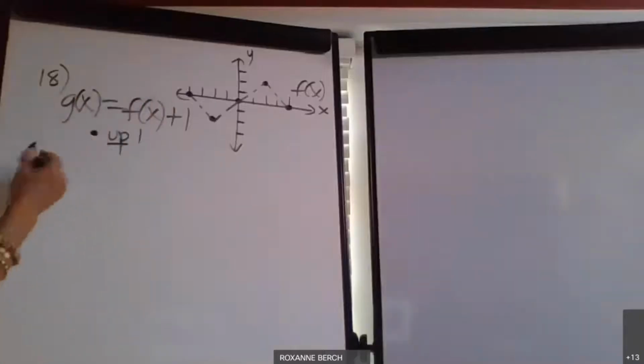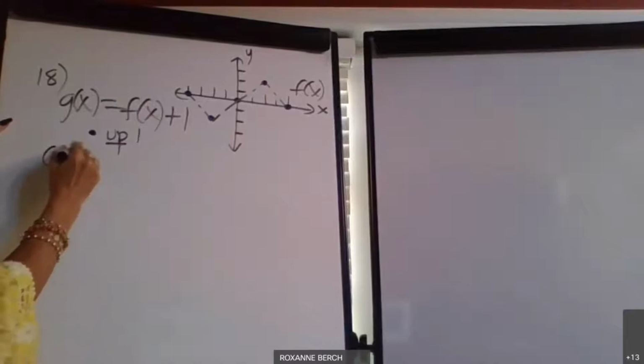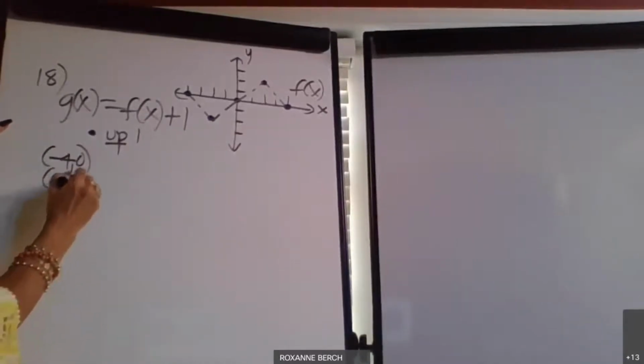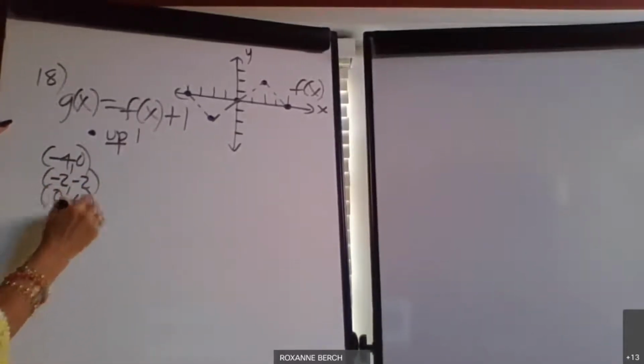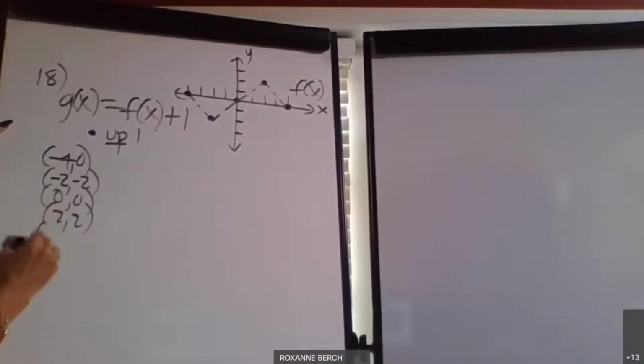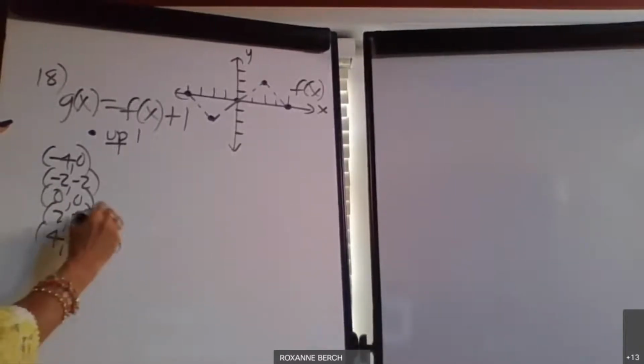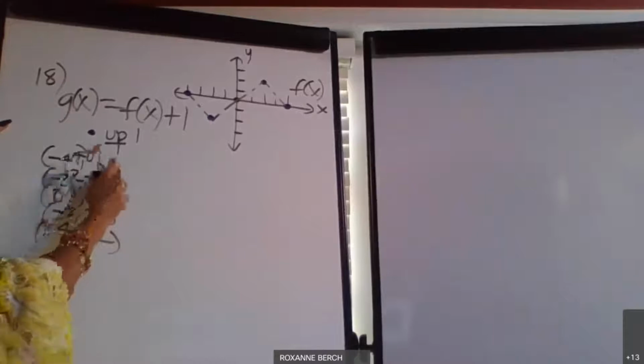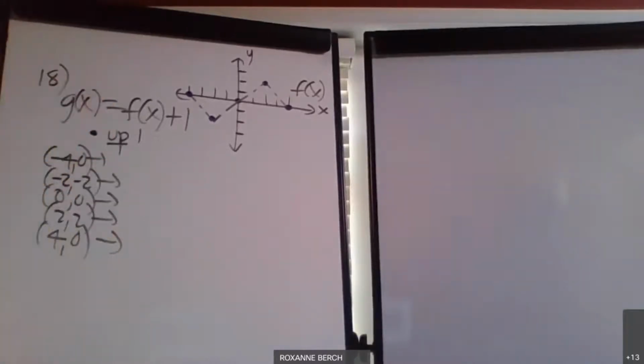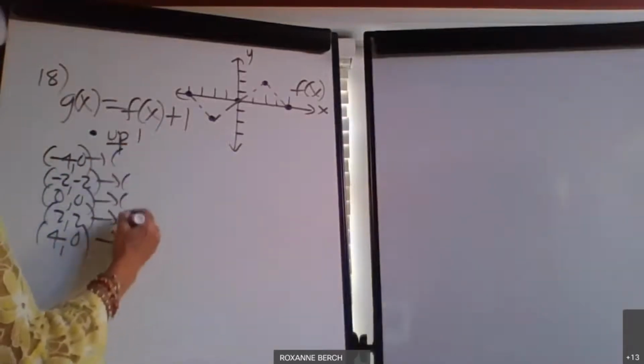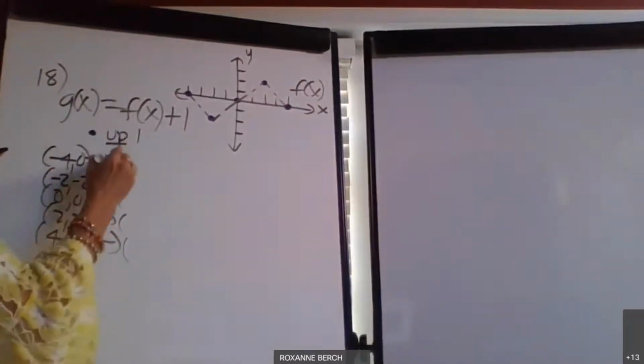So doesn't that mean we could take these points, left 4, 0, left 2, down 2, 0, 0, right 2, up 2, and right 4, 0, and count just the y up 1? Up is y, right?